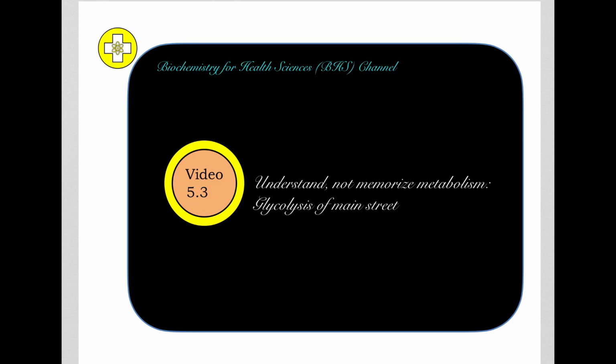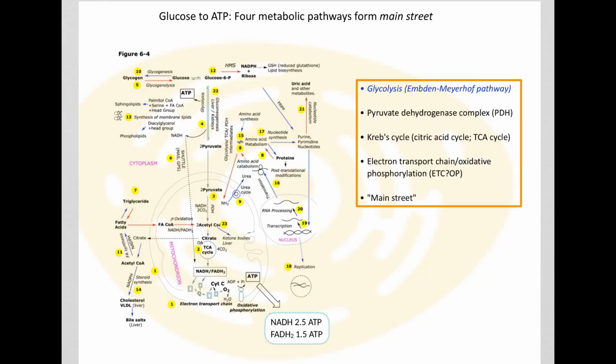We'll continue this series, Understand Not Memorize Metabolism, and in today's video we shall talk about glycolysis. In the previous video we explained why this conversion of glucose through this pathway to ATP, this glucose to ATP pathway, which we call Main Street, is probably the most important pathway or highway in your cells.